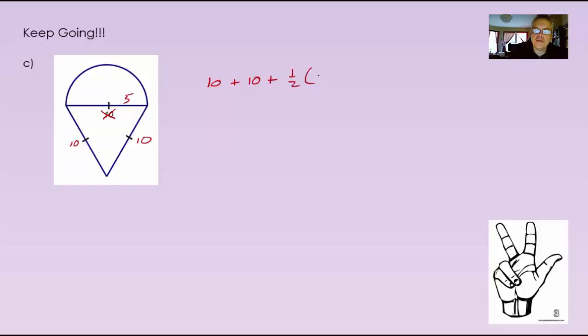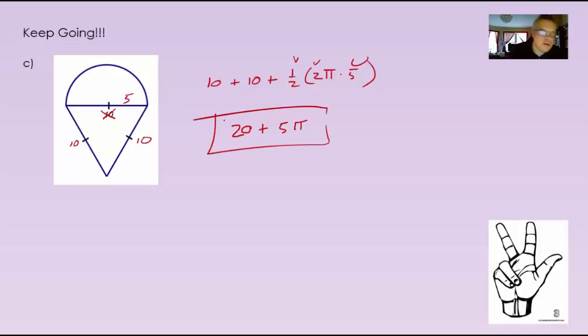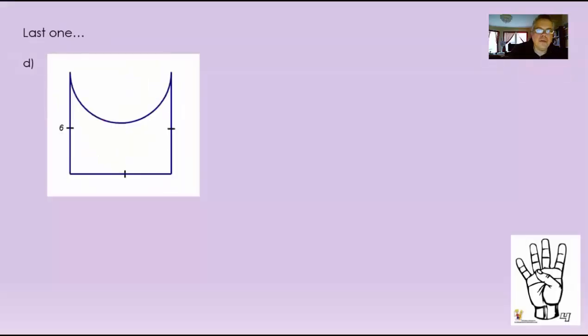So 1/2, 2 pi times the radius, which is 5. So 10 plus 10, that's 20. And 1/2 times 2 is 1, times 5 is 5. So this is going to be plus 5 pi. Done.